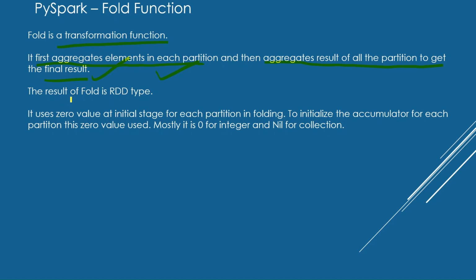The result of fold is an RDD. And whenever we apply any kind of transformation or aggregation with the help of the fold function, to initialize the accumulator we generally use a zero value. Mostly the zero value is used for integers, and if we are doing that on a collection, we use Nil.